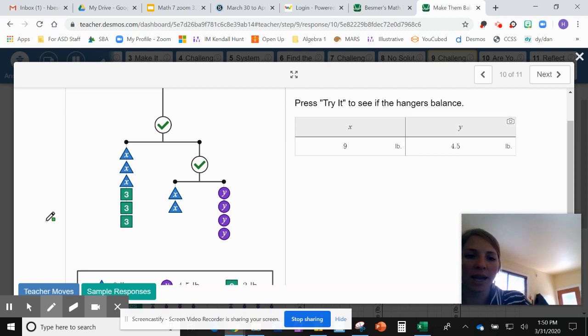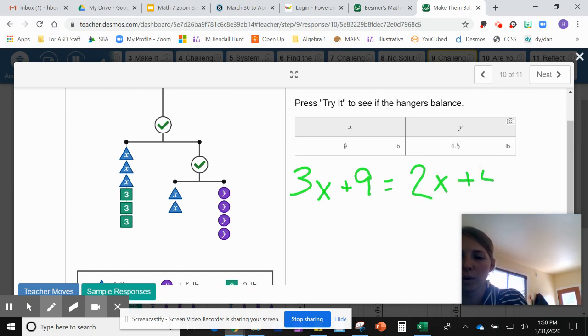So let's say to make the first balance, I've got 3x plus 9, and I know that has to be equal to this part right here, that second hanger, 2x plus 4y. So I know that that's true.